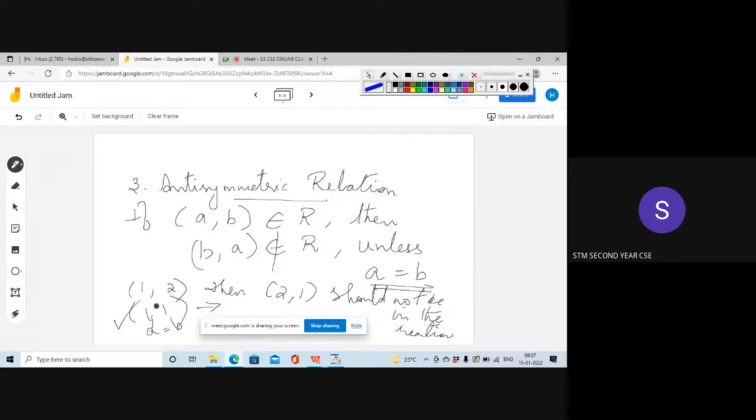In an anti-symmetric relation, we can accept these ordered pairs. But if (1, 2) is there, (2, 1) should not be there since 1 is not equal to 2. Here 1 is equal to 1, so it can exist. But if a is not equal to b, then (b, a) should not be there in the relation, and that is the anti-symmetric relation. Okay. Now let us look at an example.